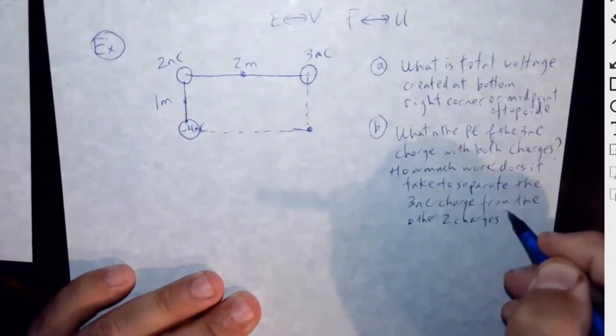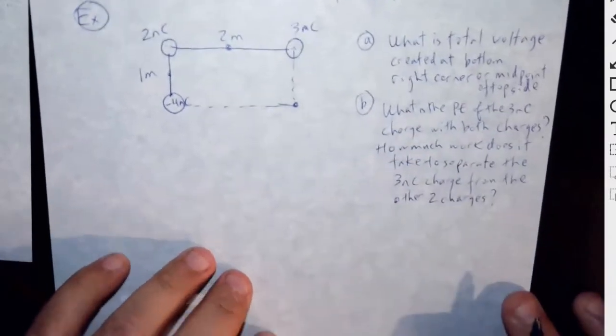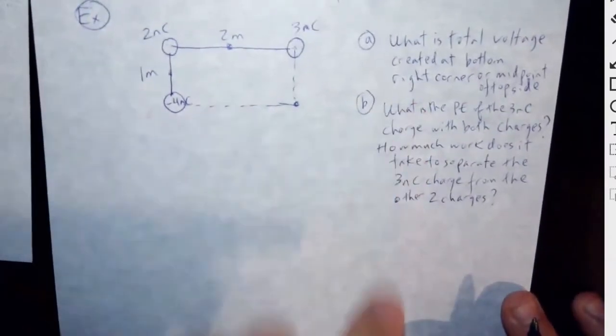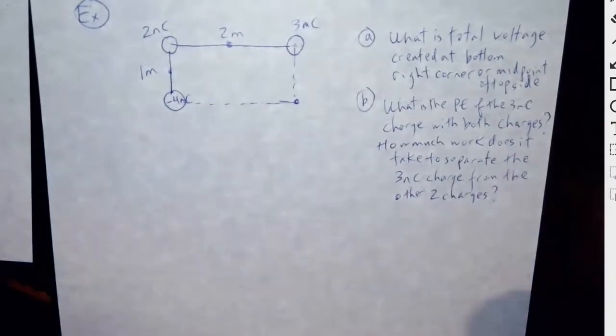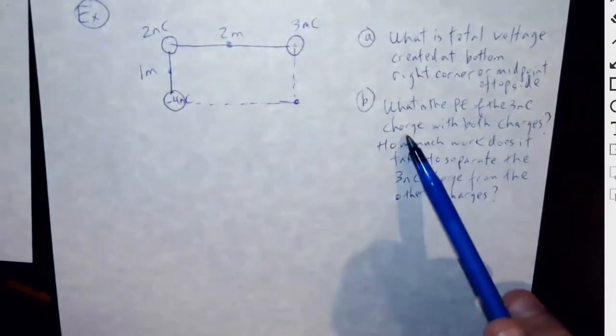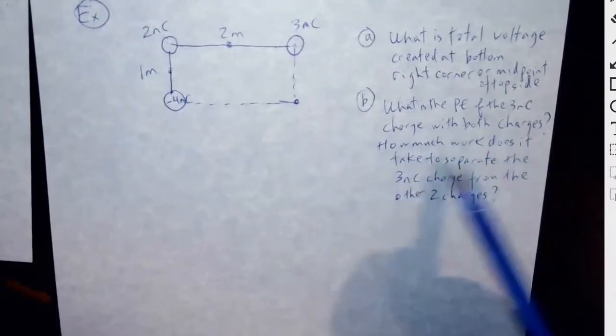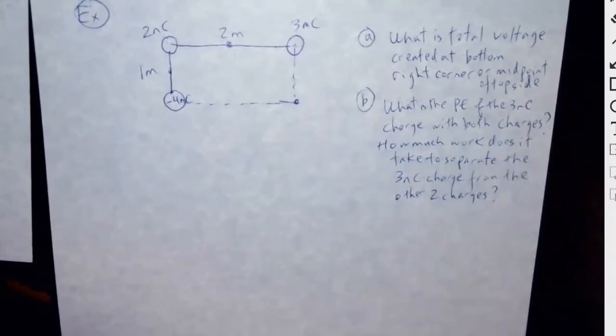That's a more interesting way of asking it. This is kind of a dull question. This is more interesting, but they're actually the same question. What is the potential energy of the 3 nanocoulomb charge with both charges? How much work does it take to separate the 3 nanocoulomb charge?